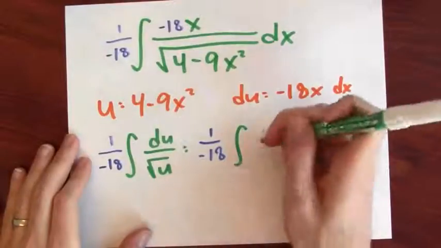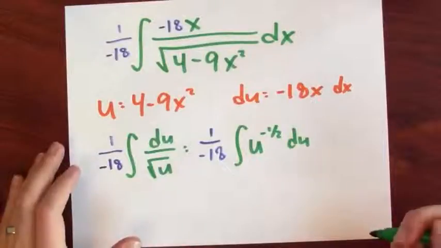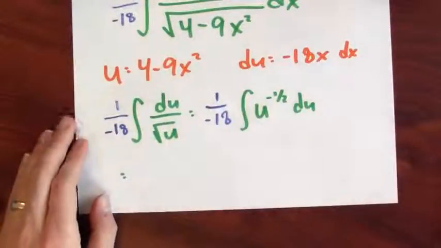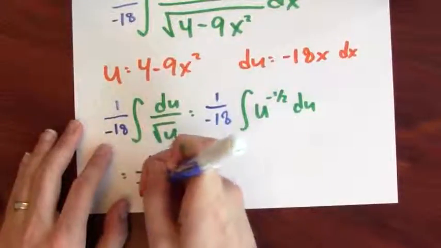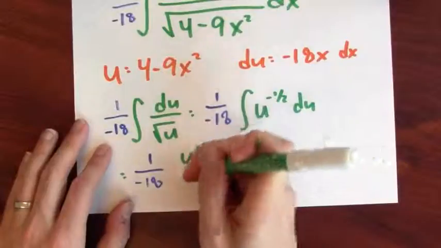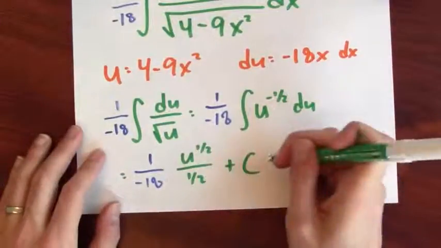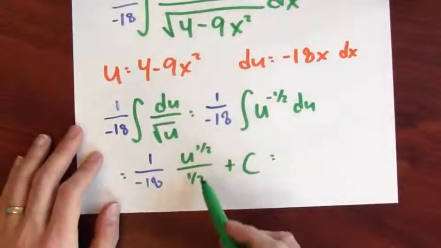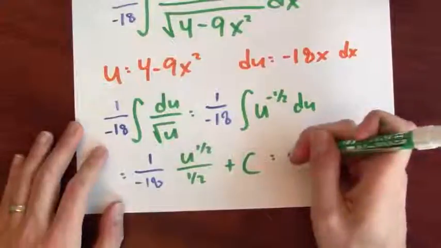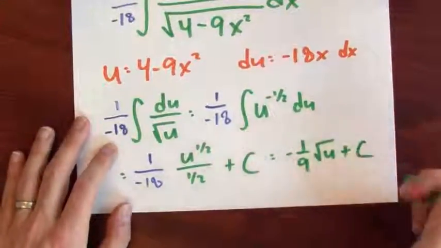Well, this is the antiderivative of u to the negative 1/2 power. But that is exactly the sort of thing I can do with the power rule, right? So this is 1 over negative 18 times, by the power rule, u to the 1/2 over 1/2 plus c, which I could rewrite a little bit more nicely. Dividing by 1/2 is the same as multiplying by 2. So this is negative 1/9 the square root of u plus c.